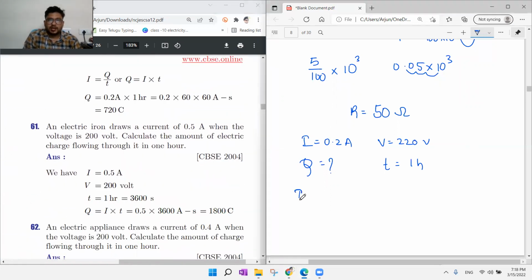So we know I value is equal to Q upon T, and Q we need to find. Q is equal to I into T. What is I value? 0.2 into T value is 1 hour. 1 hour means 60 minutes multiplied with 60 seconds.